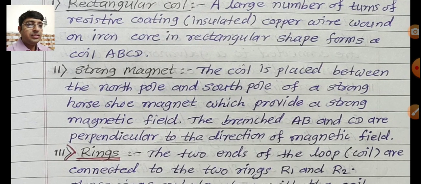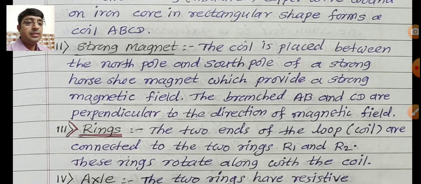Second, a strong magnet. The coil is placed between the north and south poles of a strong horseshoe magnet, which provides a strong magnetic field. The branches AB and CD are perpendicular to the direction of the magnetic field. This is the arrangement.